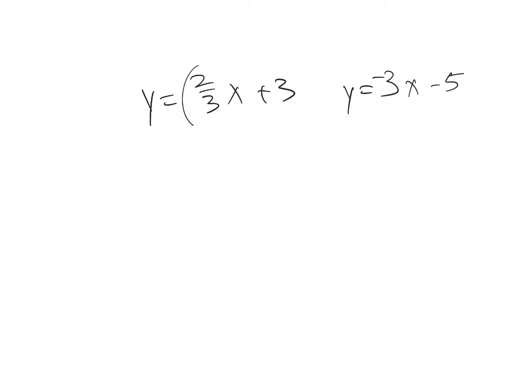Here we go, another one. Should be done because all you're doing is looking at your slopes. So 2/3 and -3. Well, one's positive and one is negative, but they're not reciprocals of each other. So again, this is neither.